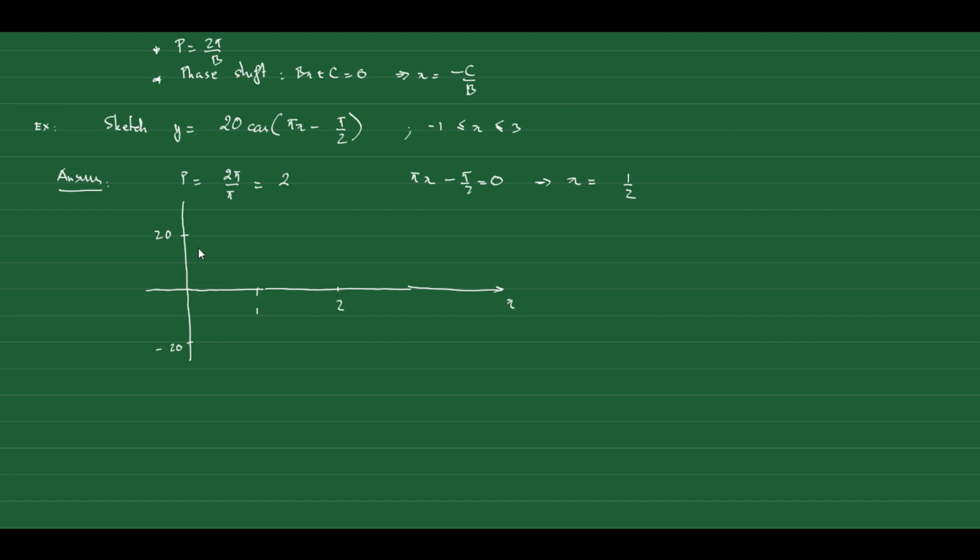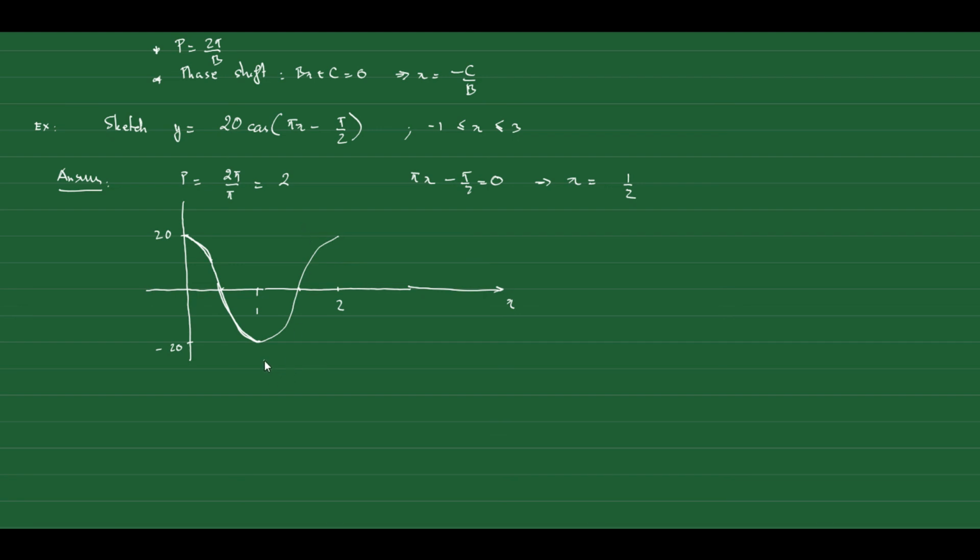The cosine has the V shape, so we start from here, go up, all the way down here, and up here. I'm sorry for this terrible graph, but it's hard to bend it on the tablet. So that is one revolution for cosine.